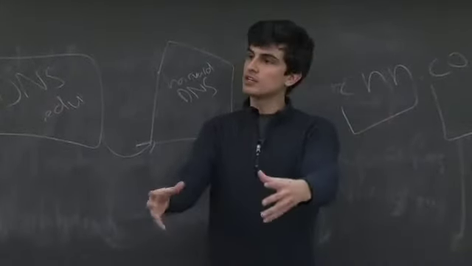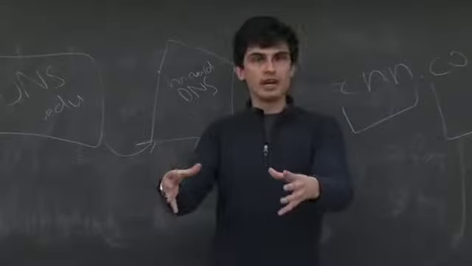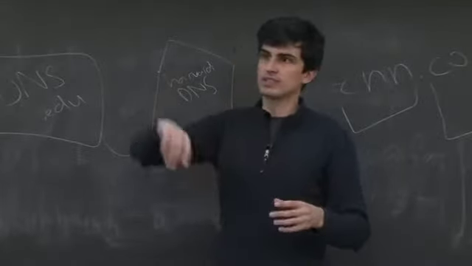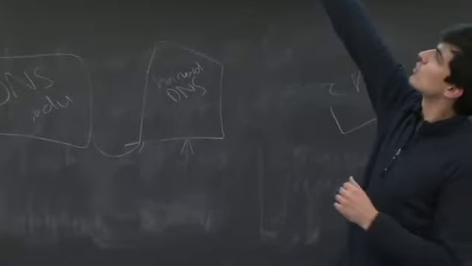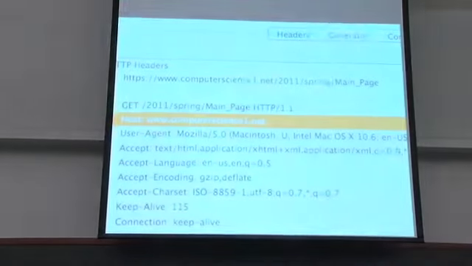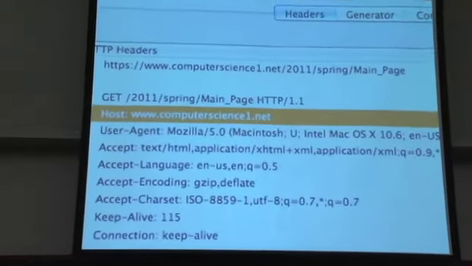So if one computer is a web server, how does that computer know which domain you are actually requesting? It's using this request right here. I'm telling this server, okay, you might be hosting a whole bunch of other web pages, but I want the main page from computerscience1.net.